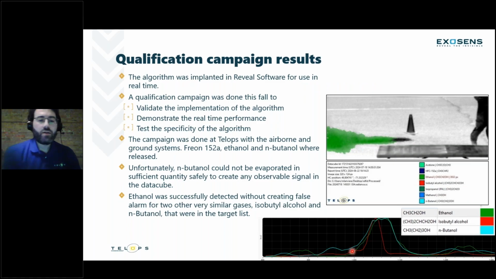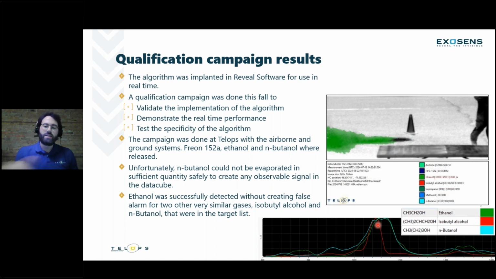So another campaign was done combining ground and airborne systems. That quantification campaign was basically testing the algorithm to validate the implementation of the algorithm within the software, demonstrate that real-time performance that is really key, and test the specificity of the algorithm to see if we're getting the right gases, even when we're pushing that detection list for signatures that are very close to one another, like we can see here.